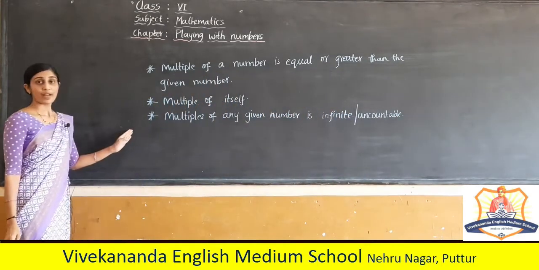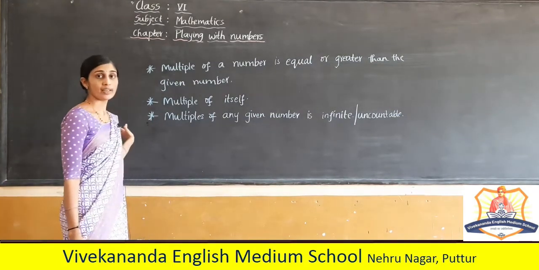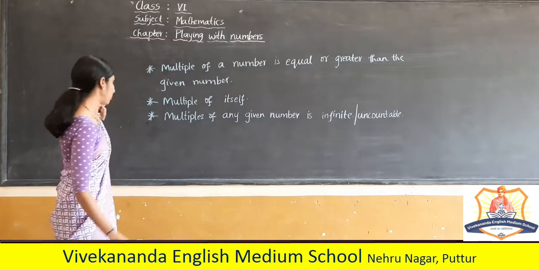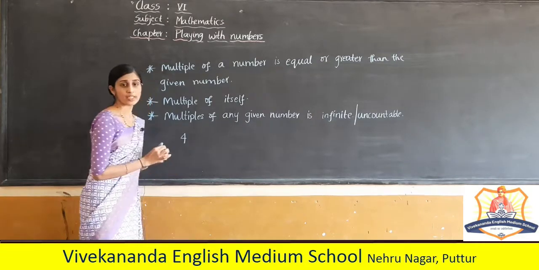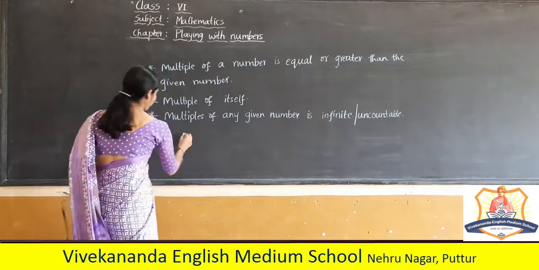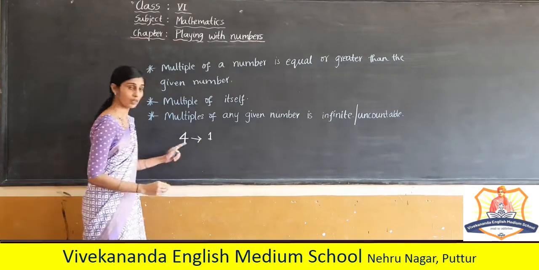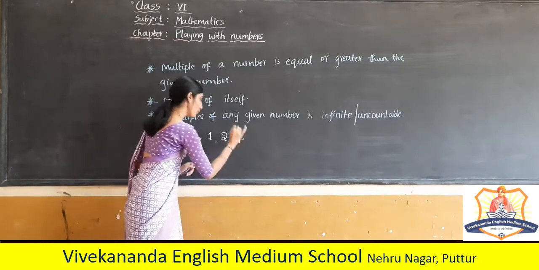So these are the facts related to multiples, and we already dealt with the facts related to factors. Now if I consider any number, for example number 4, what are the factors of number 4 here? 1, 2, 3 cannot, 4.